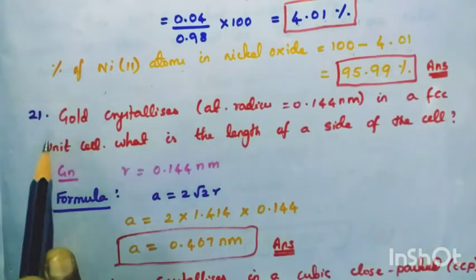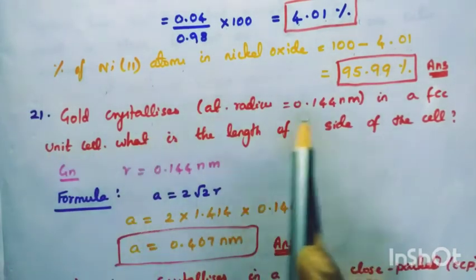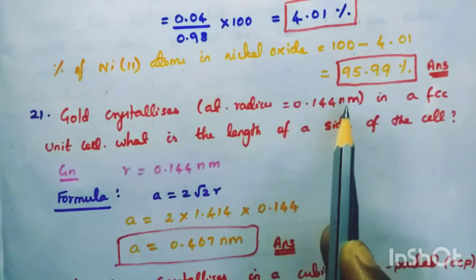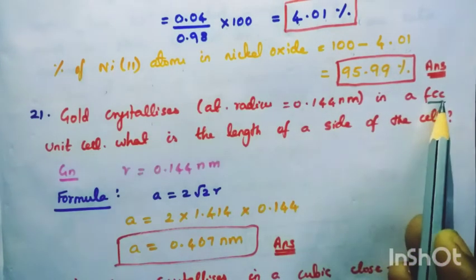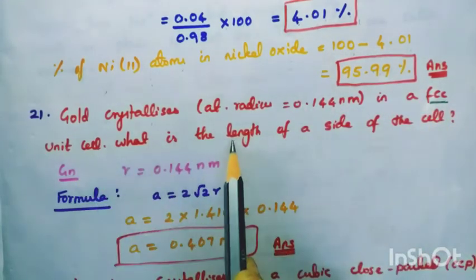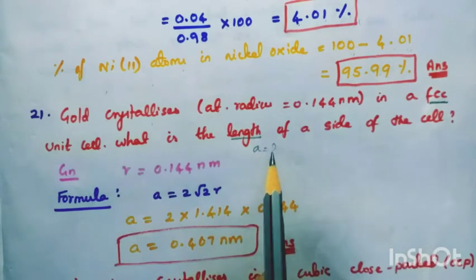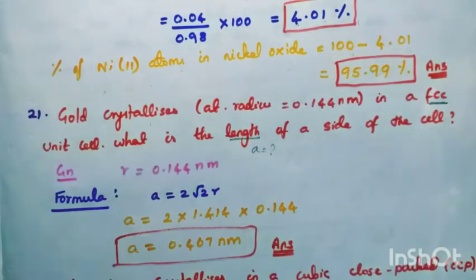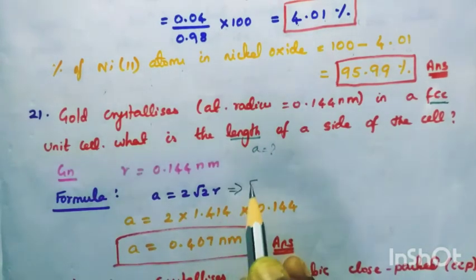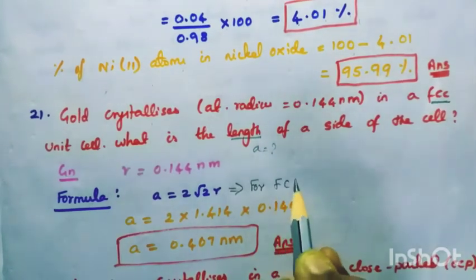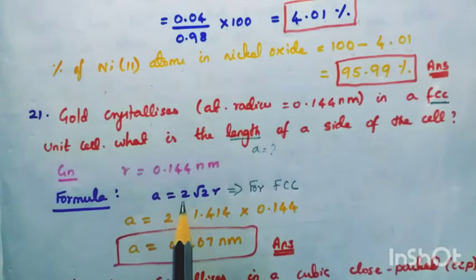What is the 21st? Gold crystallizes in an FCC unit cell, atomic radius is 0.144 nanometer. What is the edge length A? We are going to calculate. For FCC, edge length is equal to 2 root 2 R. The R value is given here.